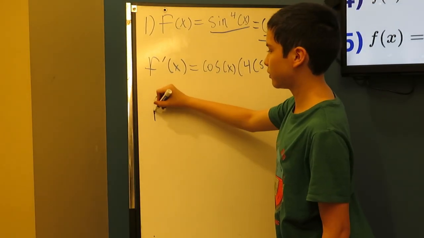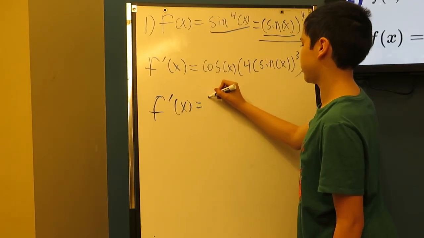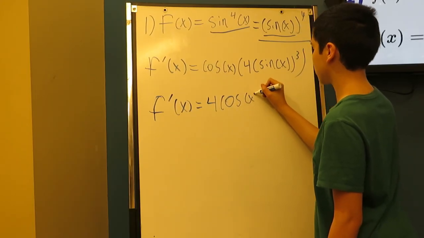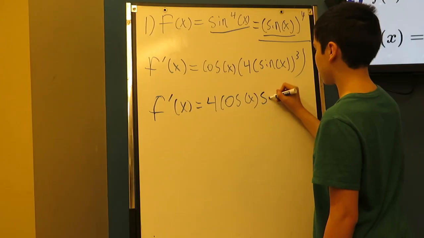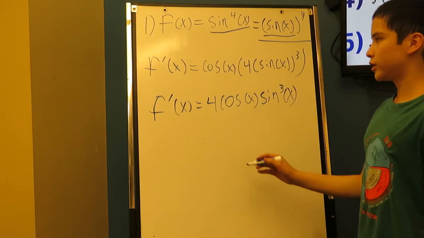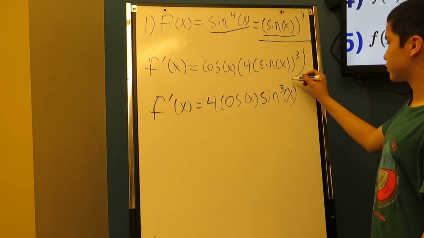So if we simplify, we get the derivative of the function equals 4 cosine of x times sine cubed of x.